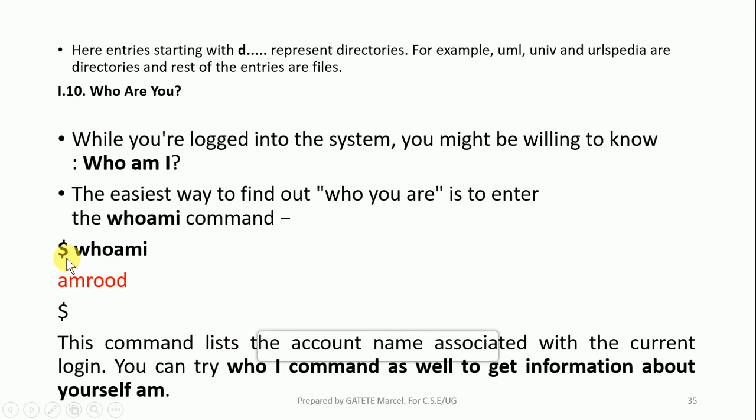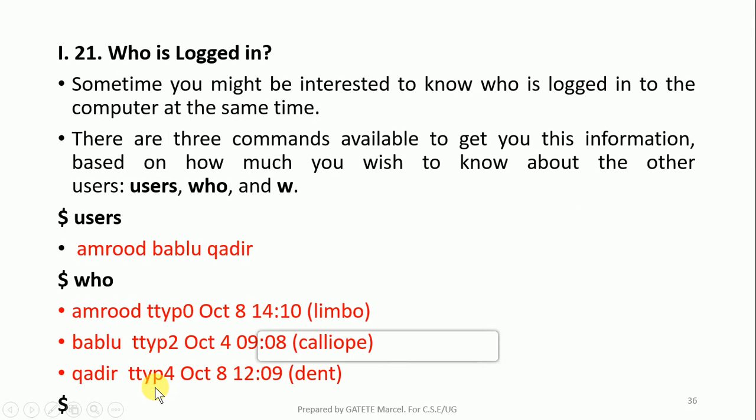You can put who am i or who i, no problem. It can work. So it will show you the currently logged in user. So here we can repeat it by using different commands, and you will get a different output according to the command you have entered.